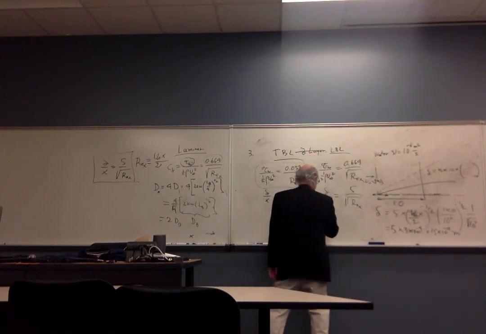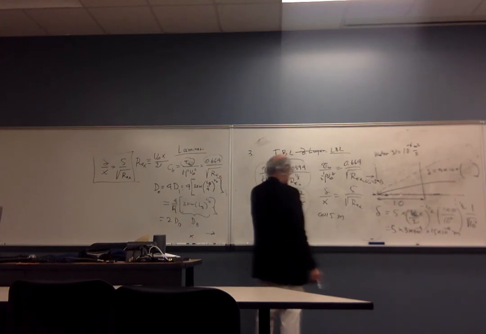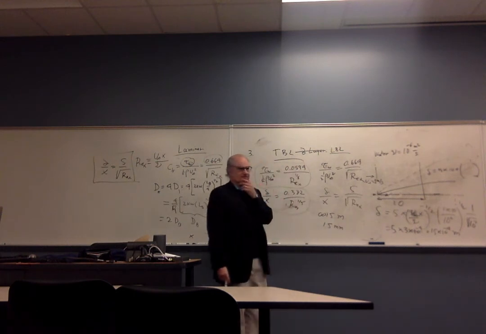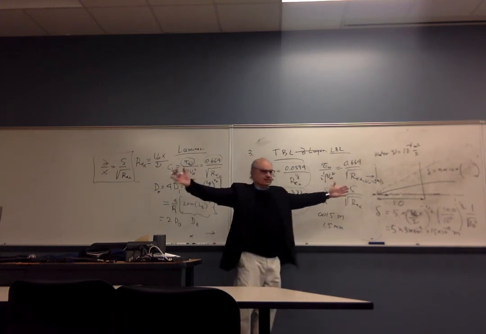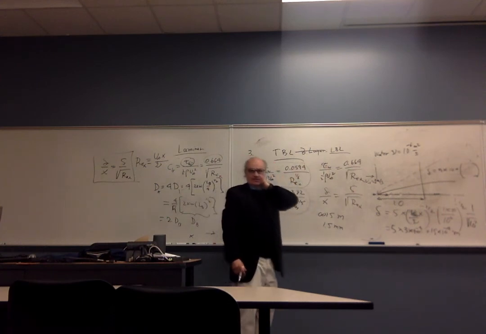That's 0.0015 meters, right? How many millimeters is that? If I'm right, it's 1.5 millimeters. Did I goof up? At which X? 10 meters. That's very long. It's 30 feet long, right?